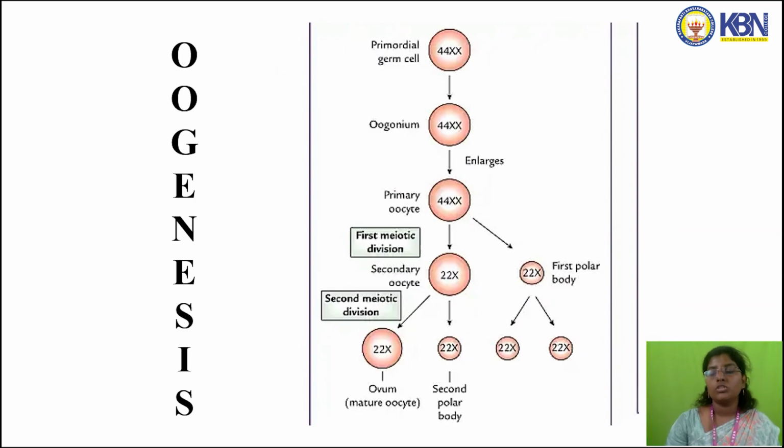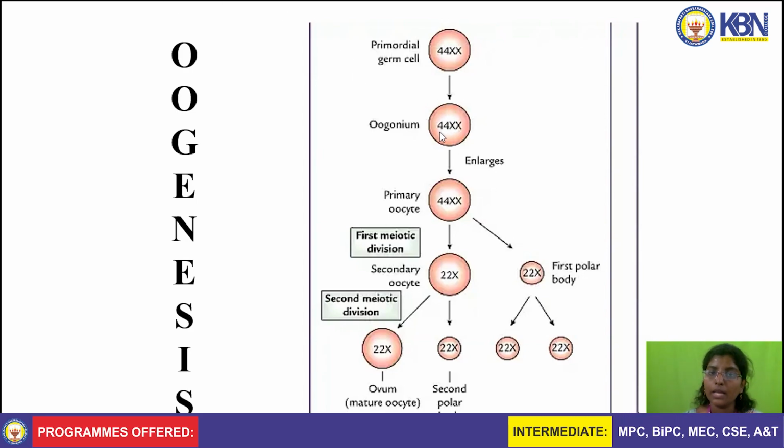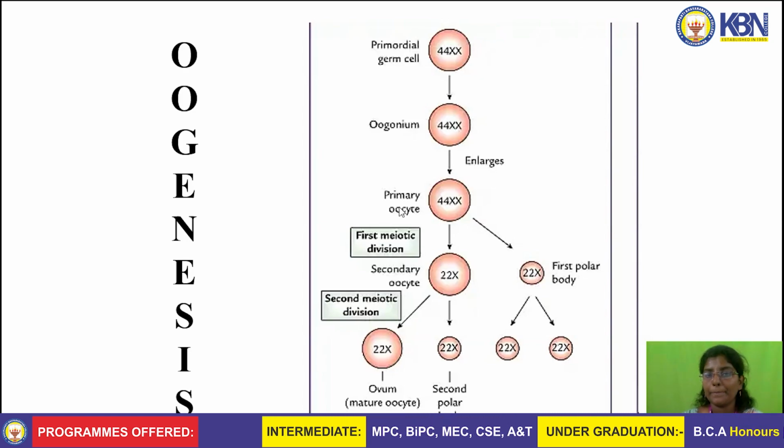Next, oogenesis. Likewise, as in spermatogenesis, in oogenesis the ovum is also produced in some steps. First the primordial germ cells develop into the oogonia, and next the oogonia enlarges and develops into a primary oocyte.